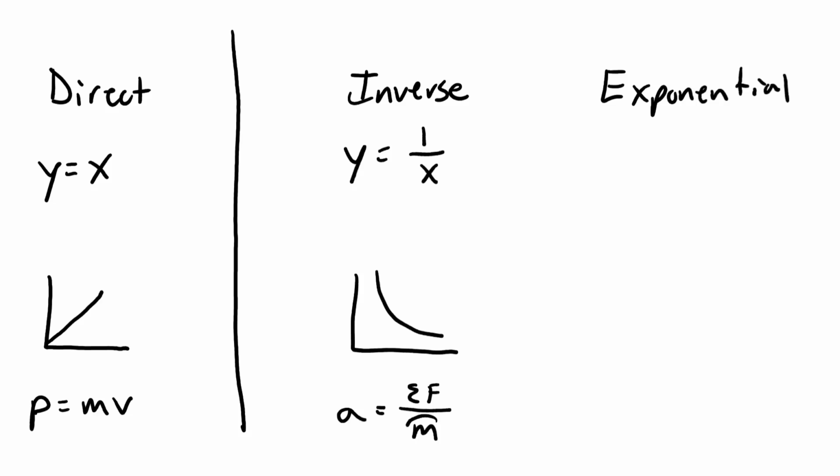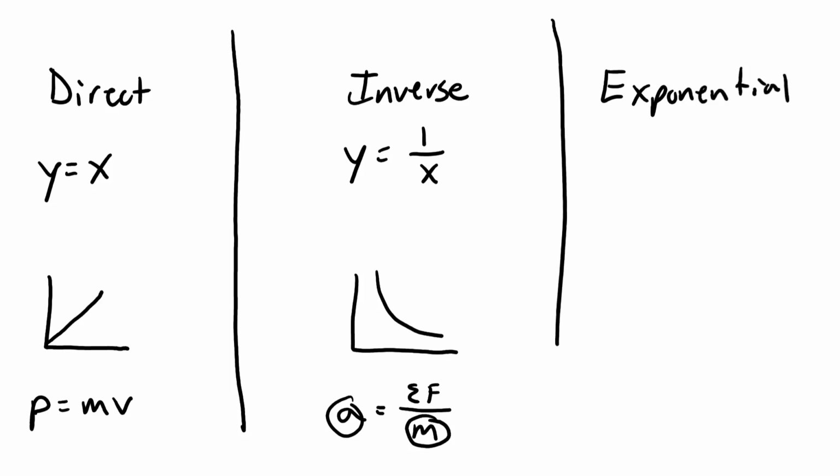So as you double the mass of an object, it won't accelerate as much. It'll be 1/2 as great. If you double the mass, the acceleration becomes 1/2 as great. So anytime you see an equation where there's something in the denominator, those two variables are inversely related.